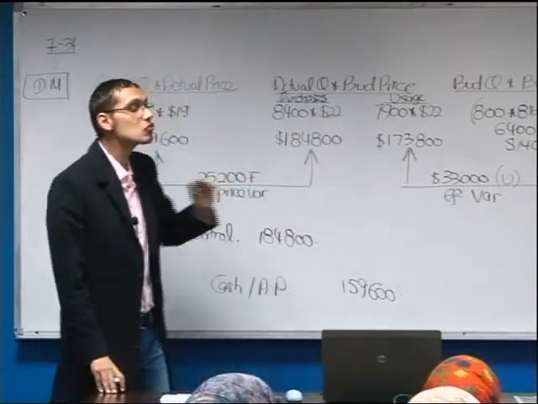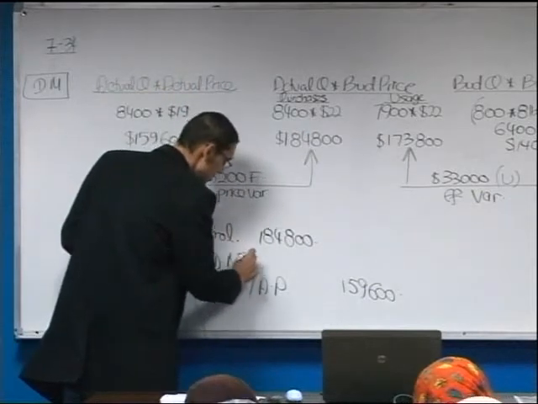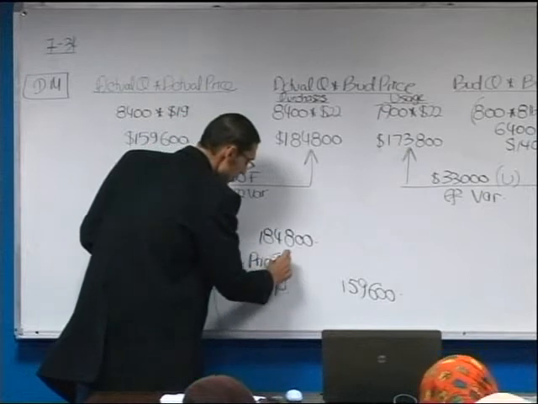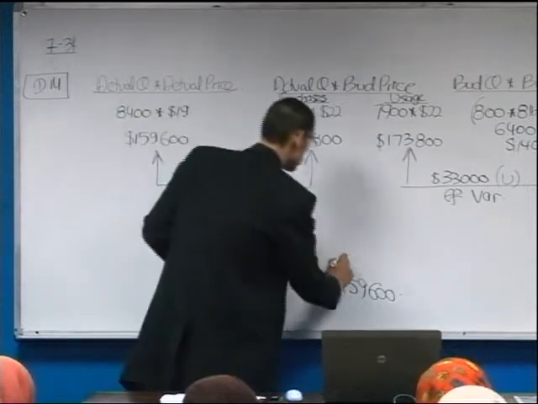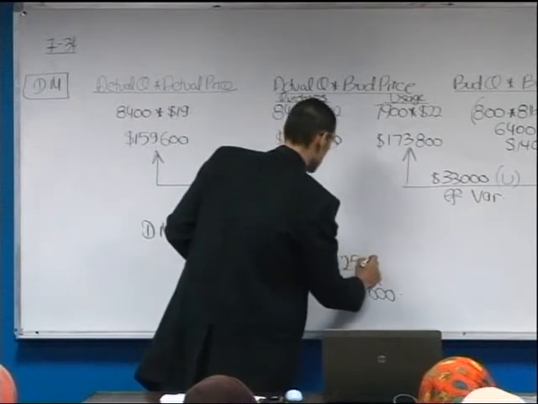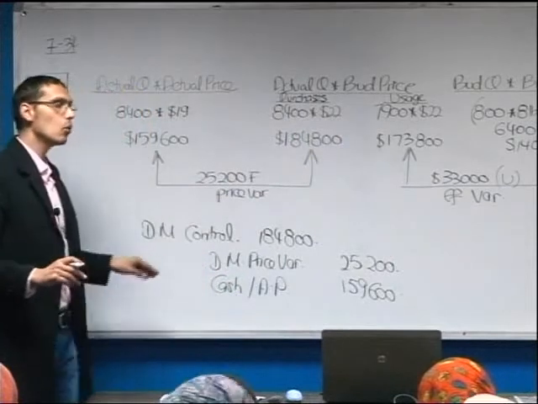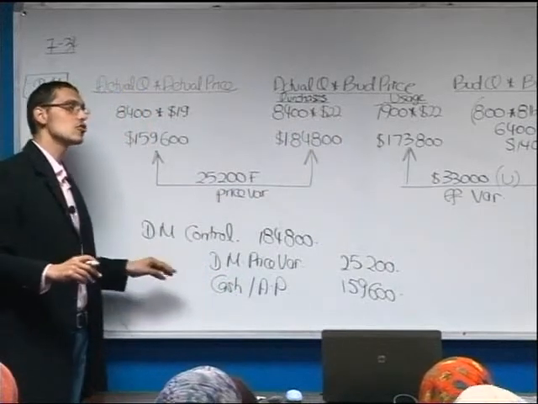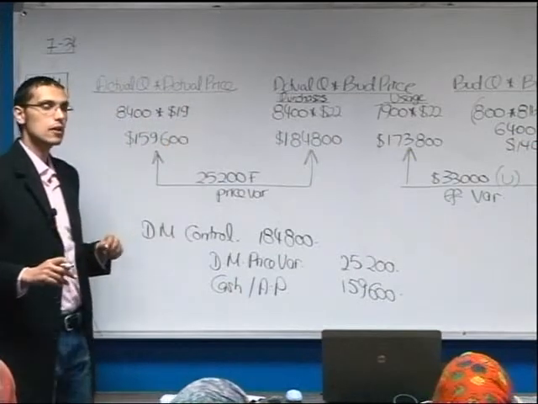Therefore, they should be credited. Therefore, we have a direct materials price variance by the same amount that we have calculated, 25,200. This would be our journal entry in order to journalize the purchase of these materials.